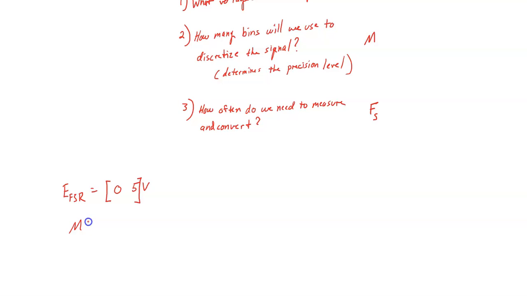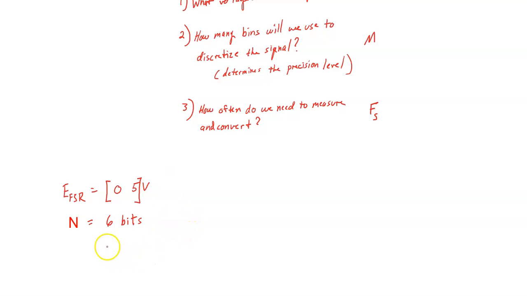And the converter might be, let's say, a 6-bit converter. So what that means is we're using 6 high and low values to create the number of bins that we would have between 0 and 5 volts. So what does that look like?